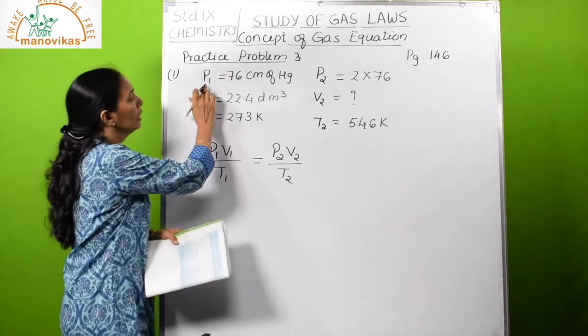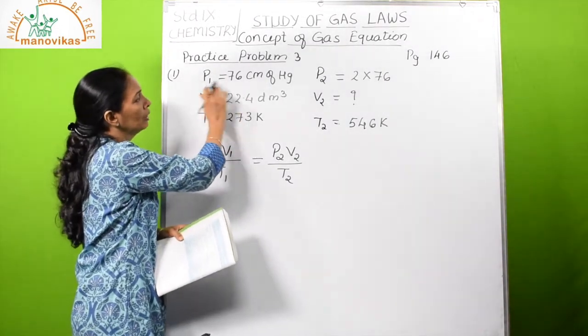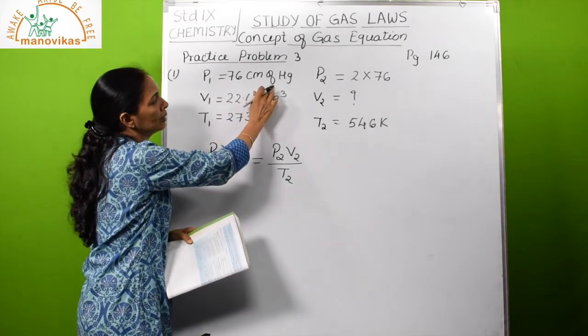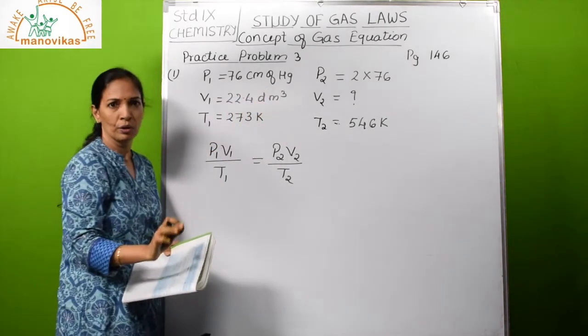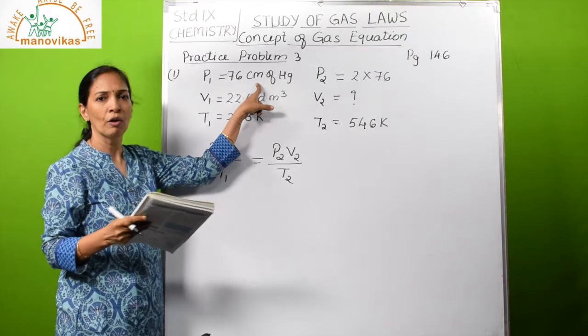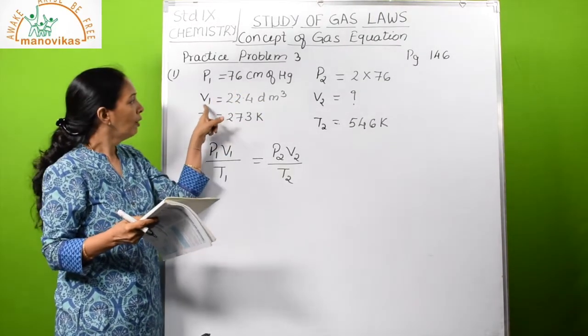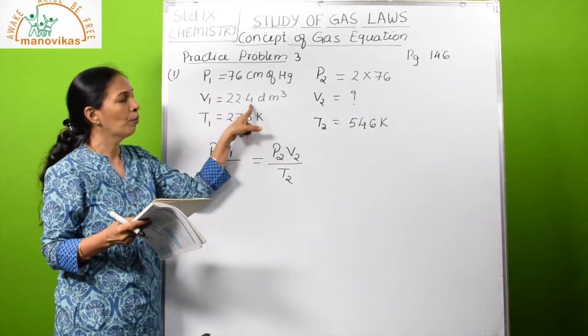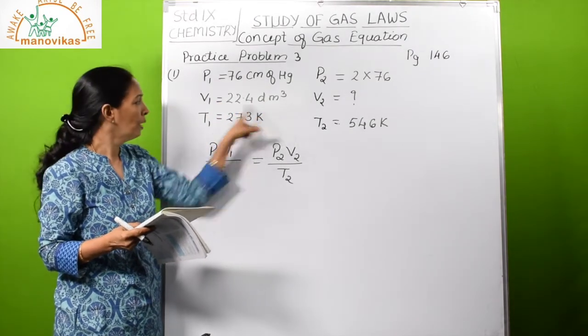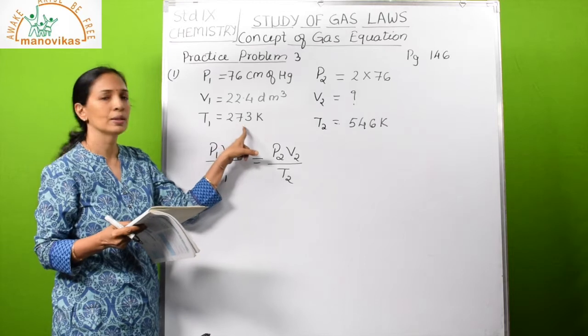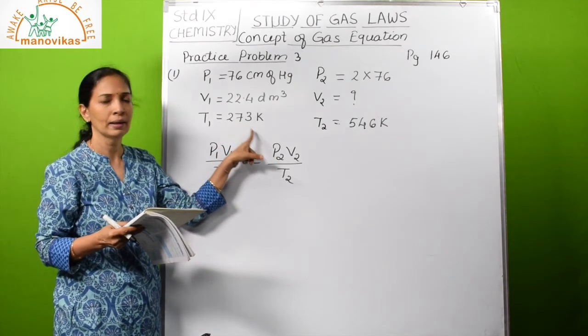So see, initially pressure is 76 centimeter of mercury. I have taken centimeter of mercury here. So this is standard pressure. Volume is given 22.4 decimeter cube and temperature is 273 K. These are initial values.